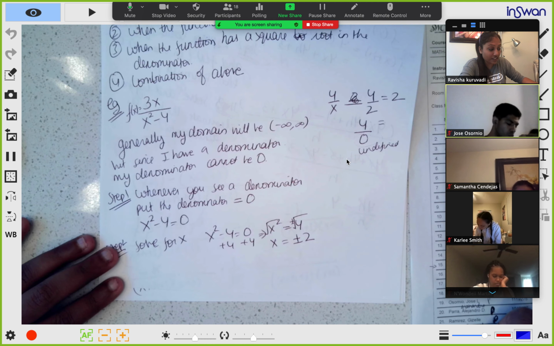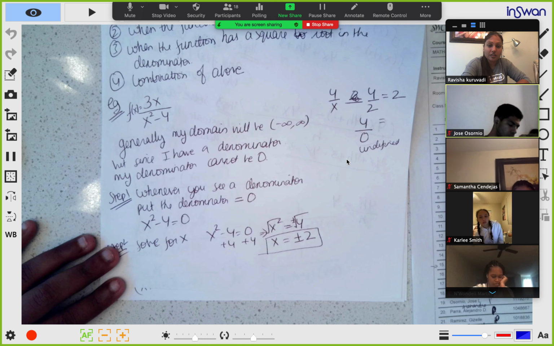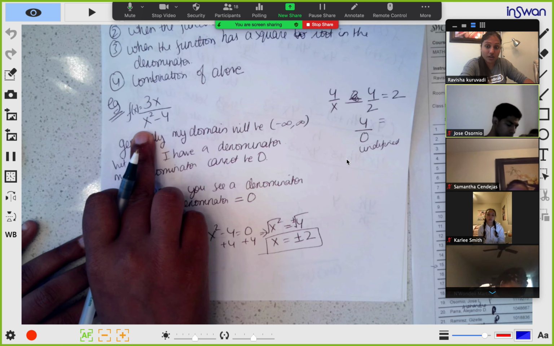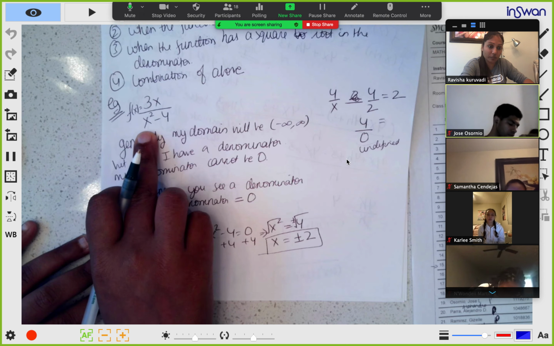So at these 2 points, my domain is not valid. If I put 2 here, my denominator becomes 0. If I put negative 2 here, my denominator again becomes 0. My function will not be defined.